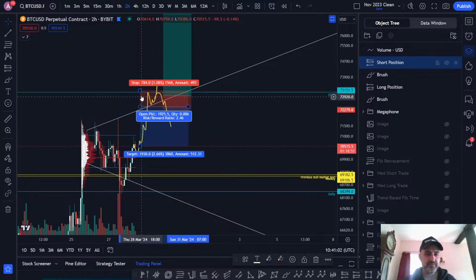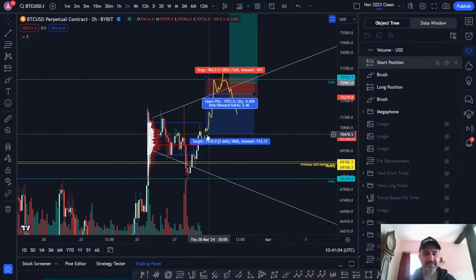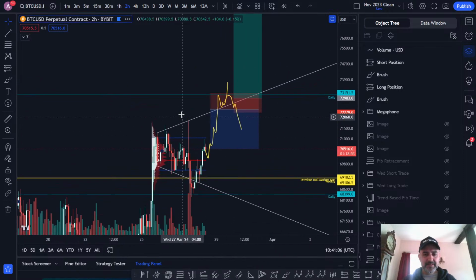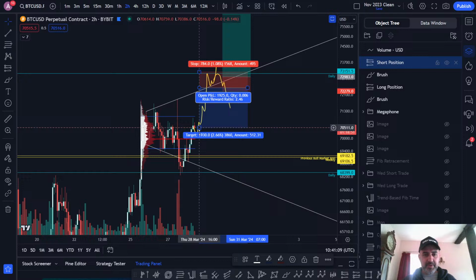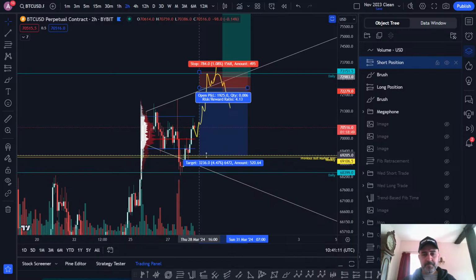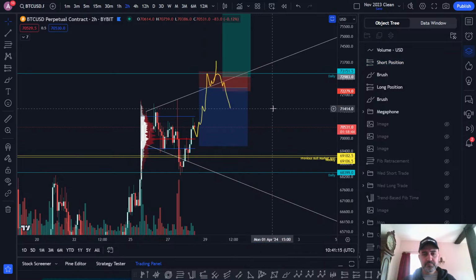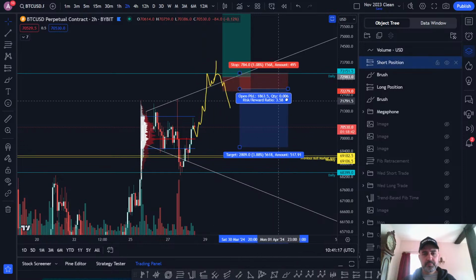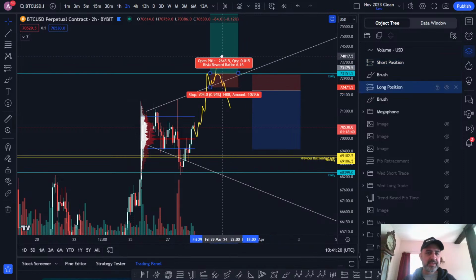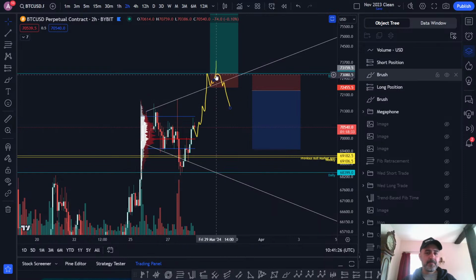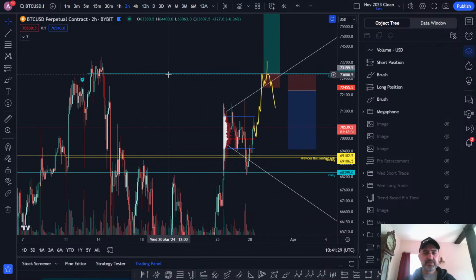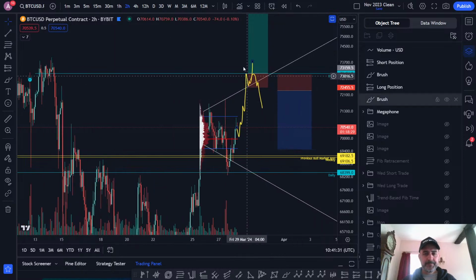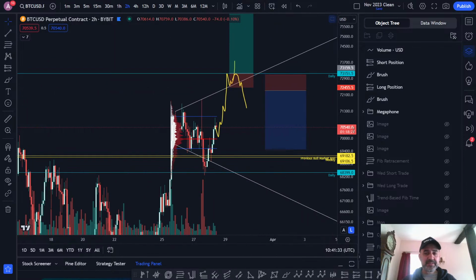Reject off the daily level. Come right back underneath the trend line and sell off. Be a lot safer. The long is very easy to take because you could just take the back test of the trend line, but the problem is you're still into resistance. You've got this daily level and there's no reason why we continue.